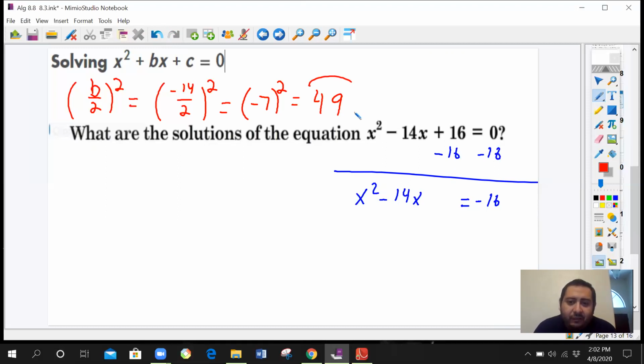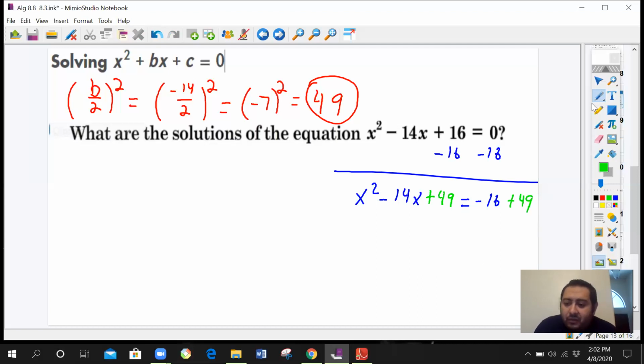That 49 that you found here, you're going to now implement into the expression. So you're going to put plus 49 and plus 49.